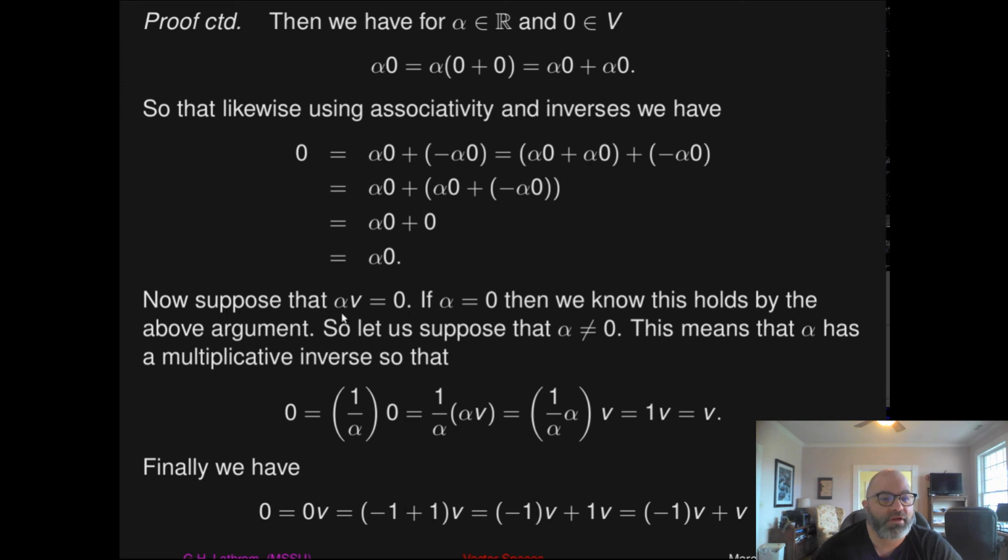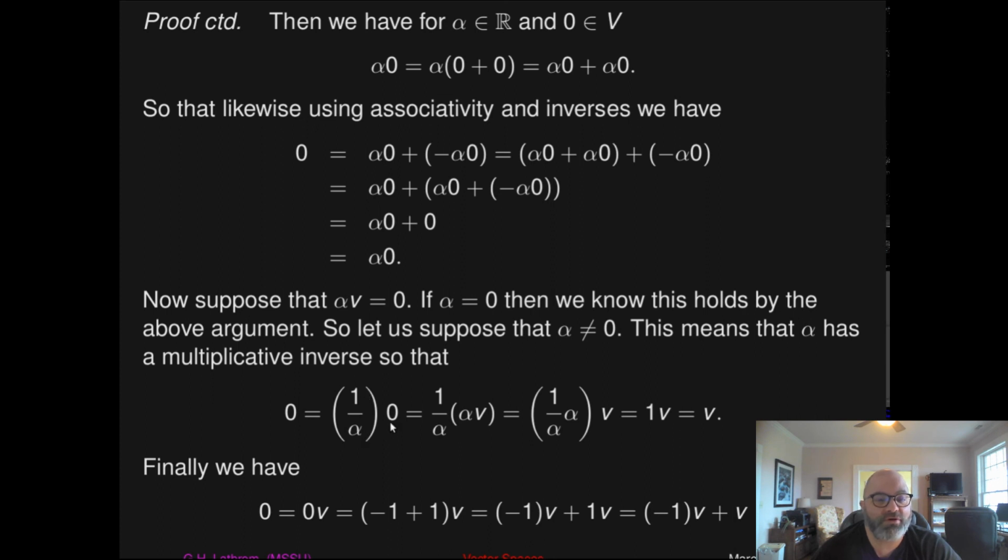Now suppose that a scalar times a vector happens to be 0. If alpha was 0, we've already dealt with that in the previous case. So let's suppose that the scalar is not 0. This means alpha has a multiplicative inverse because we're dealing with a field. That's the nice part about having a field: we can have these multiplicative inverses.